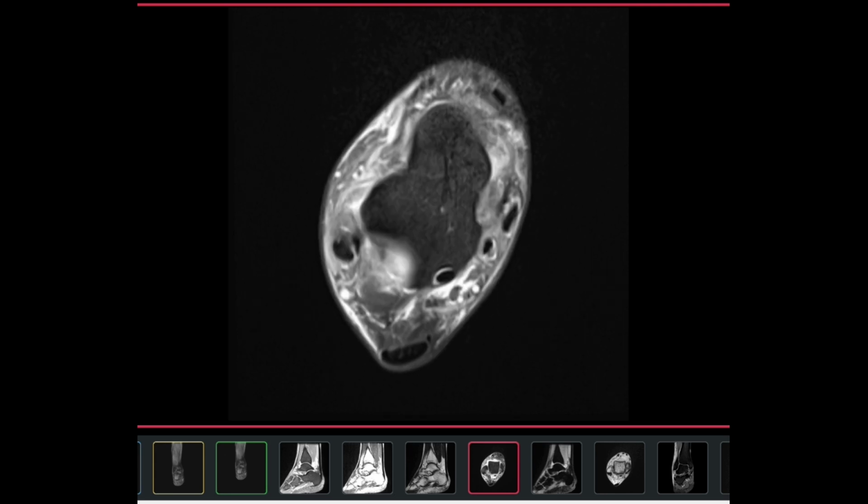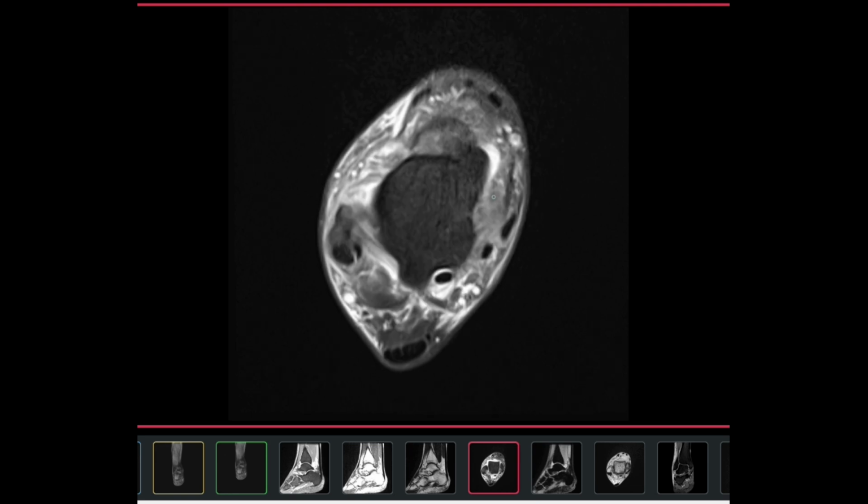Now let us see the medial ligamentous complex. Normally there should not be much hyperintensity here, but here we can see a lot of hyperintensity deep to the medial tendons, so there is a sprain in the medial or deltoid ligamentous complex.